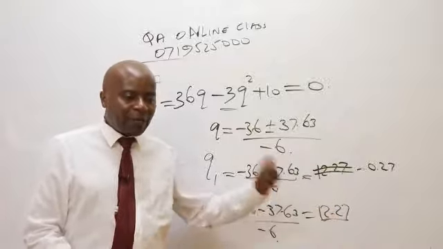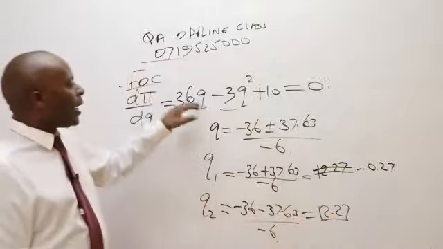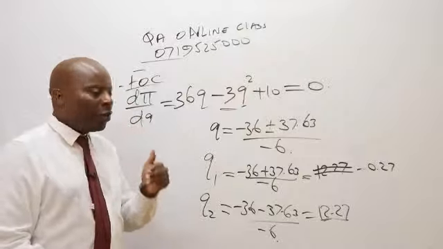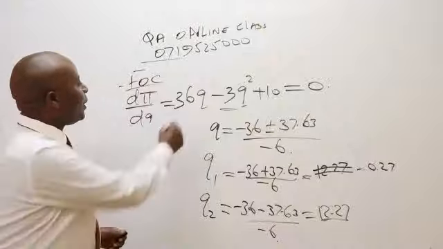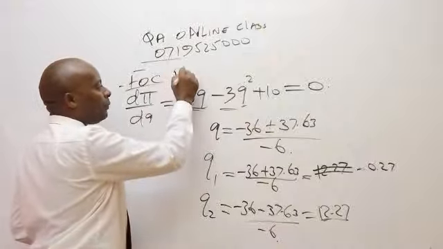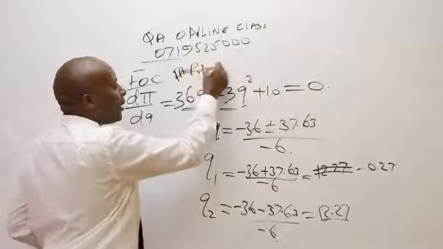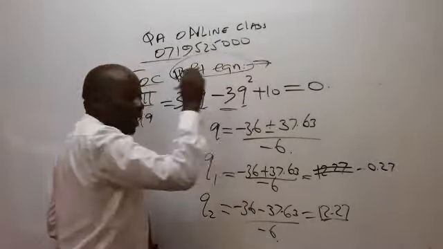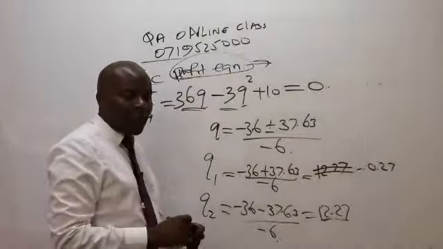This is the one that I will plug in here to get what the examiner wanted me to ascertain, which is maximum profit. Remember the profit equation. In this profit equation, you just go there and substitute.